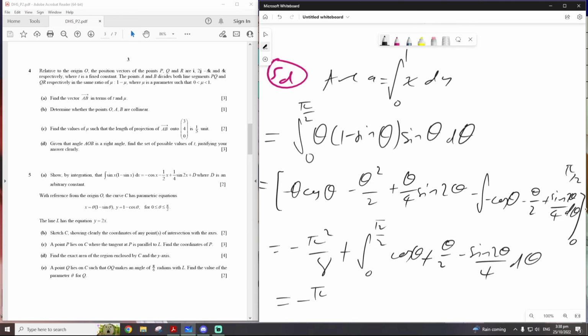So this is negative pi square over 8 plus sine theta plus theta square over 4 plus cosine 2 theta over 8, and this goes from 0 to pi over 2.